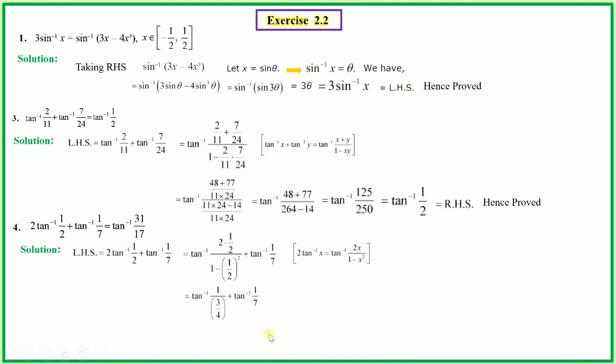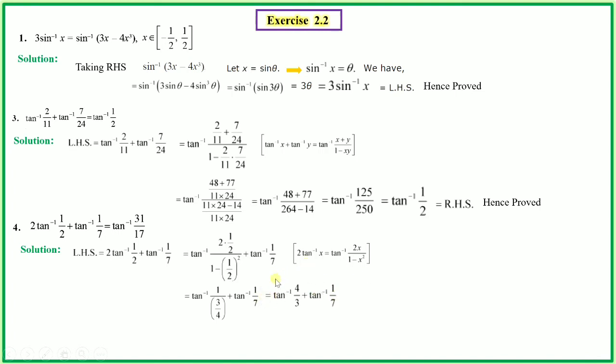Now the next step, solution: tan inverse of 2 times 1 upon 2 is 1, over 1 minus 1 by 4, which is 3 by 4, and then plus tan inverse 1 by 7. Next is tan inverse 4 upon 3 plus tan inverse 1 by 7. This I was talking about.